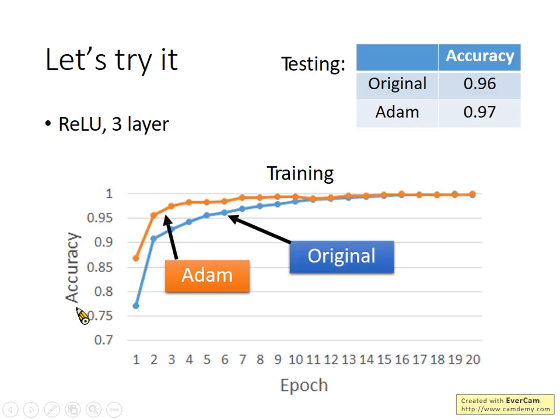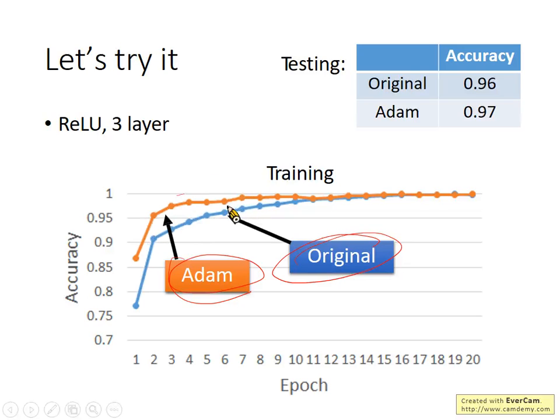From the toy example, as the number of epochs increases, if we use the ADAM optimizer, we can more quickly get the converged result. If we use the original optimization method, we may also achieve almost the same result. However, using the ADAM method can help us converge more quickly to a good result.